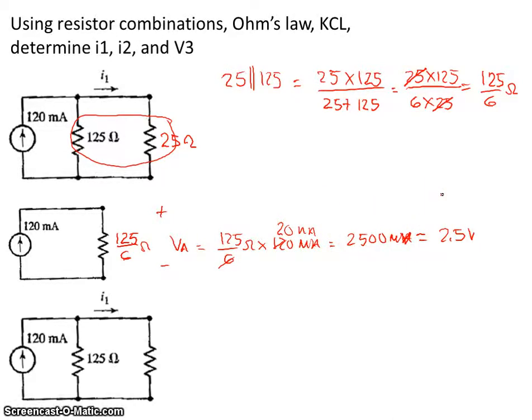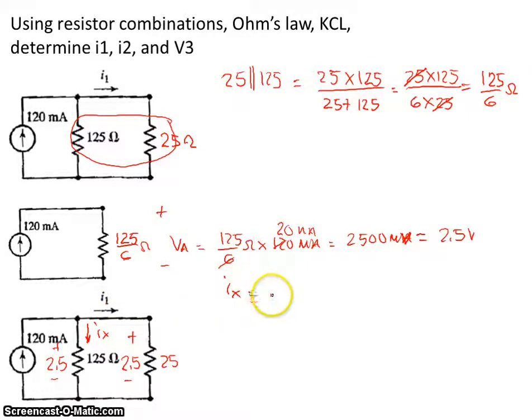Now that we have these 2.5 volts, I know that I'm going to have the same voltage value across the two resistors, since both of them are in parallel. So if I have 2.5 volts and this resistance is equal to 25, I can now determine this current that I'm going to call I sub x, and I can also determine I sub 1.